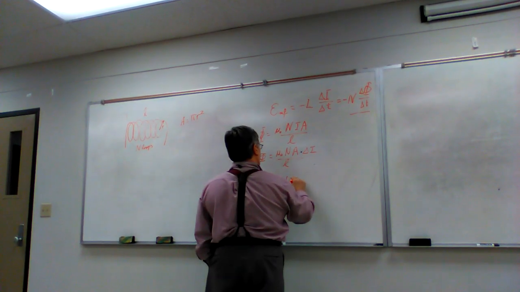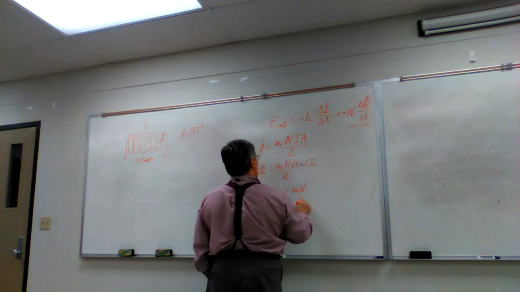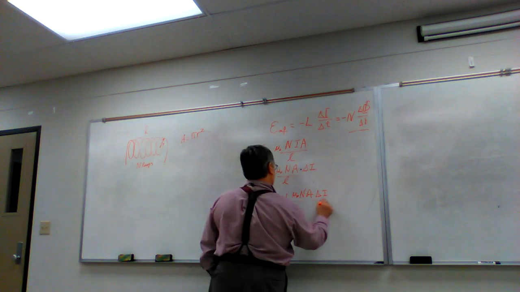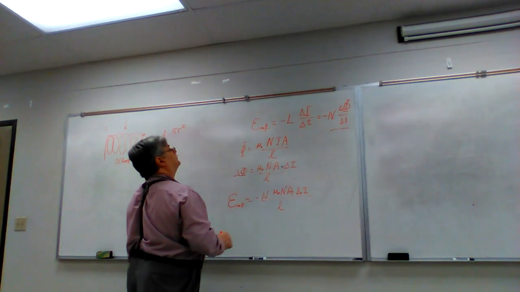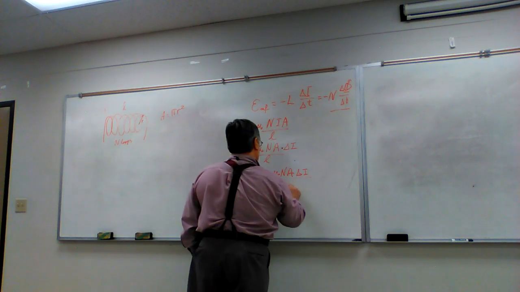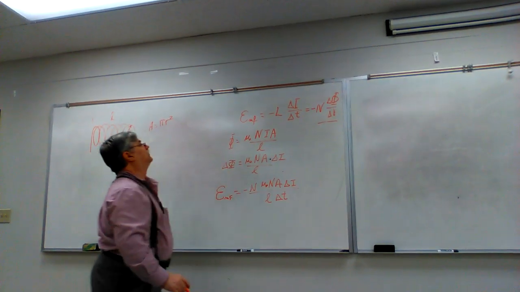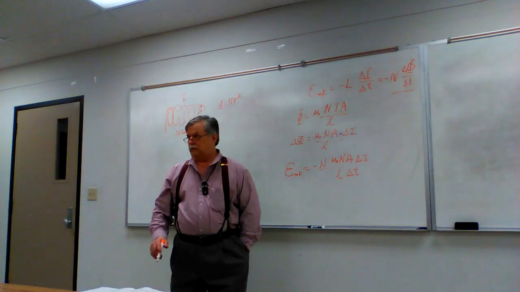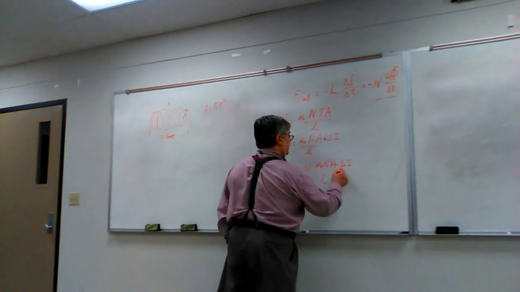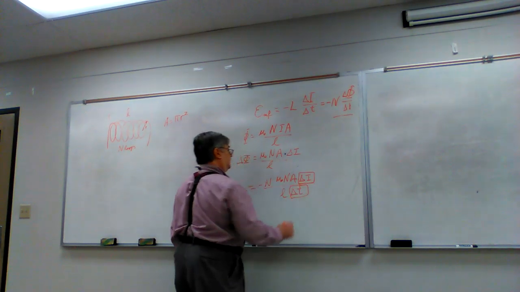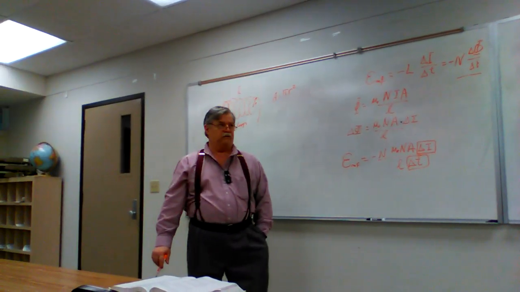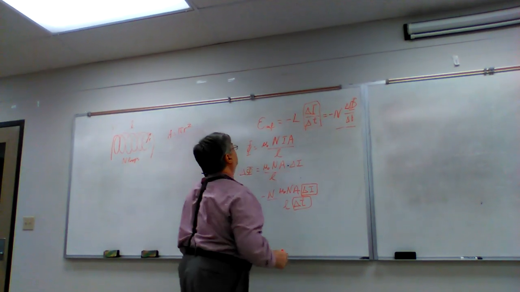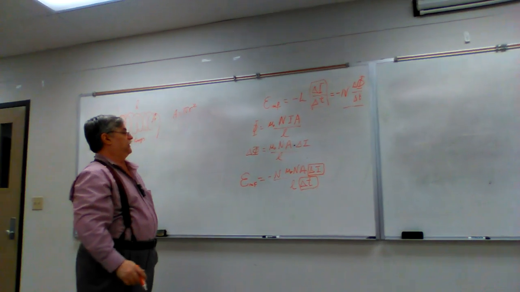So let's write this out: mu sub naught times N times the area times change in current, divided by L, divided by delta T. But right here we've got delta I divided by delta T. And what is delta I divided by delta T? We multiply it times minus L, we get this same thing.